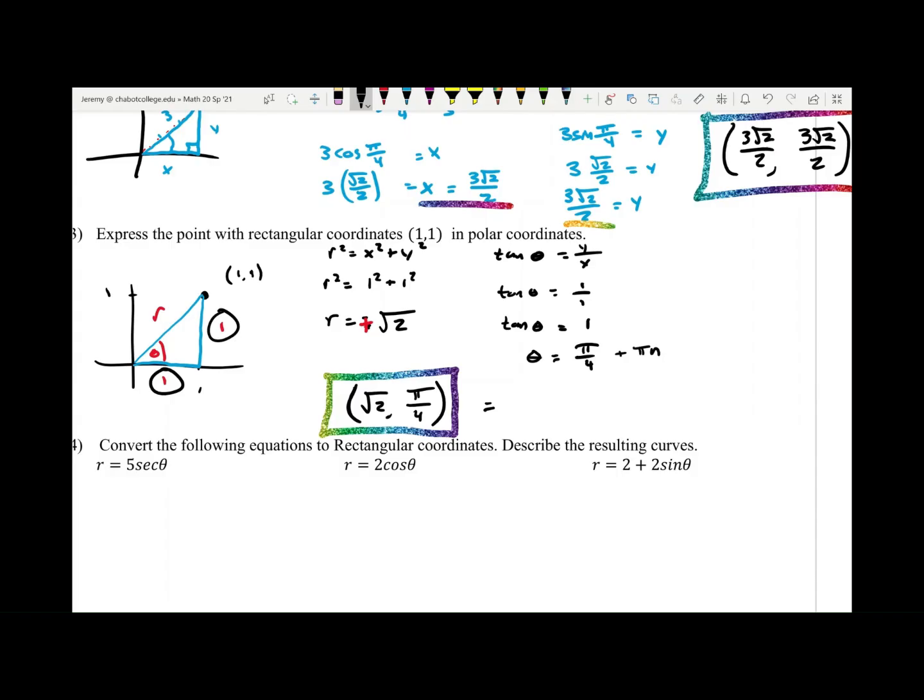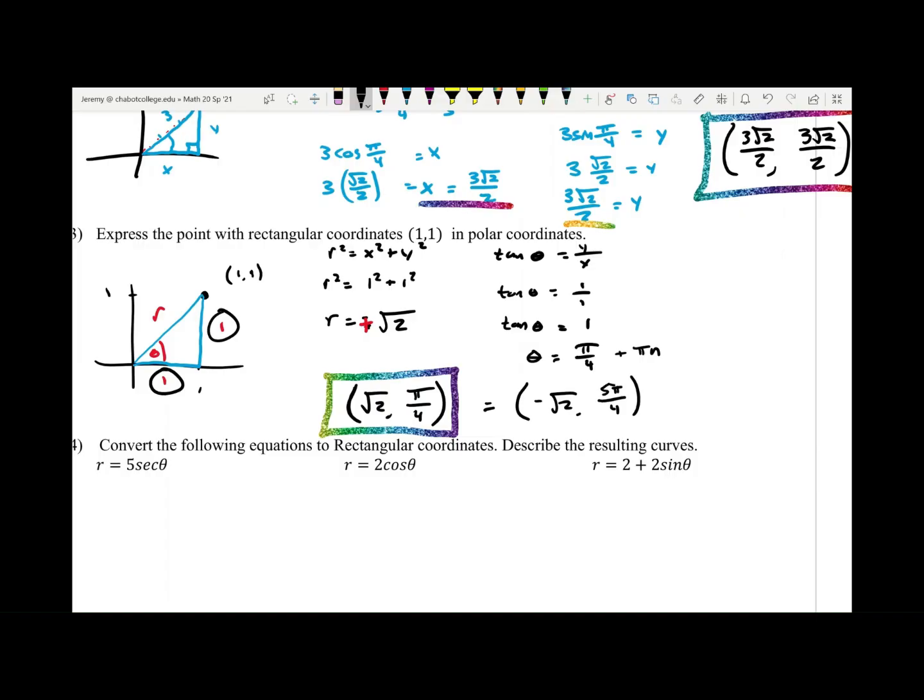There's more than one solution to this. So I also could have represented this point as negative root 2, let's see, what would that be? 5 pi over 4. I also could have represented this point in that way.